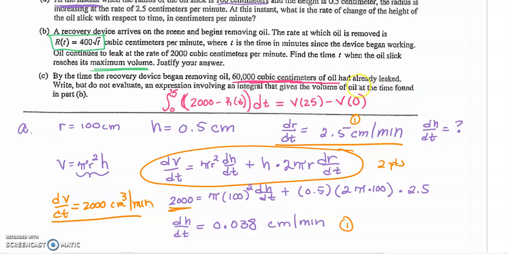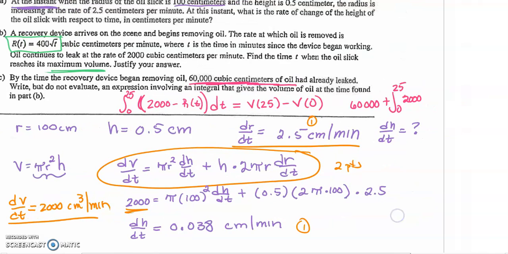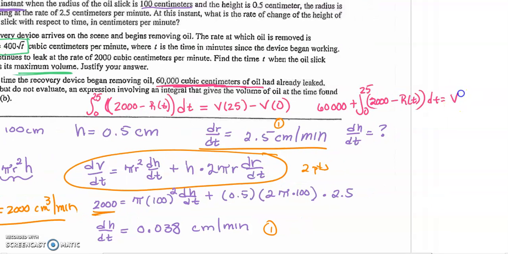And so this should tell us that we have to add that initial value. Sorry, I was writing the wrong thing down. This is the equation that will give us the volume of oil at 25 minutes.